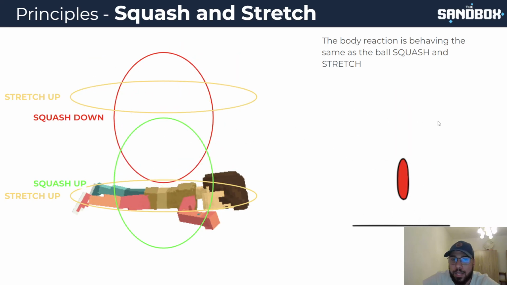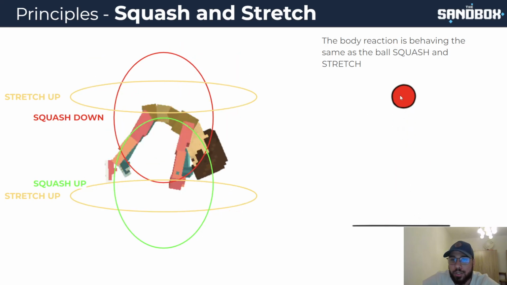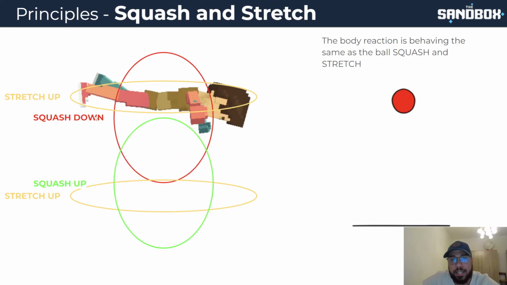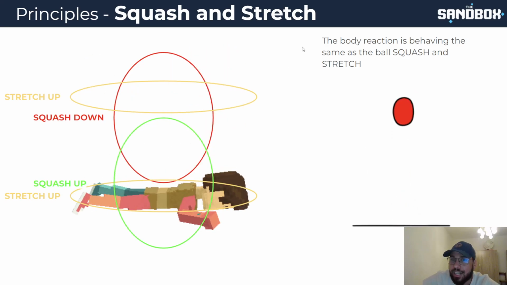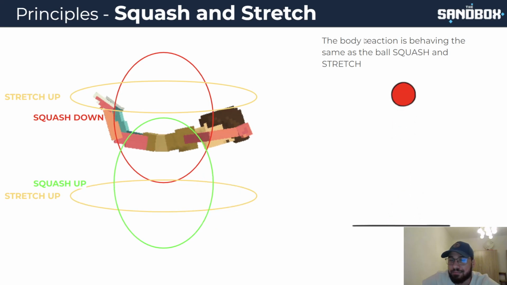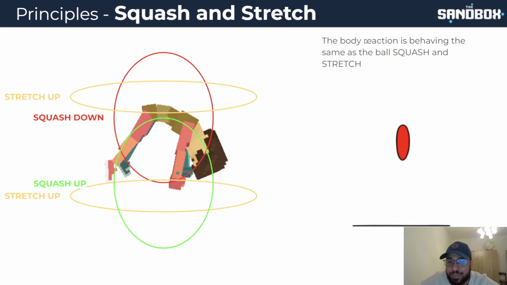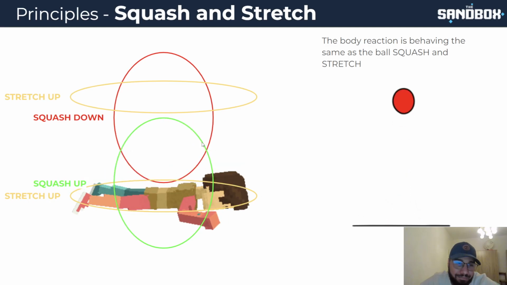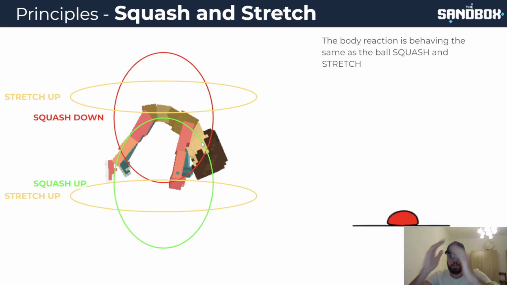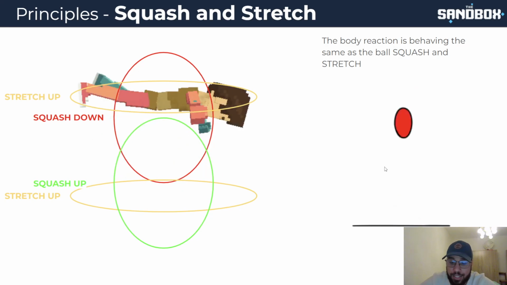You can see the similarities between the ball squashing and stretching and the human squashing and stretching on the ground. It's pretty much the same. The difference is that a human is not a ball, but the motions, the arcs of the body, are doing pretty much the same thing.